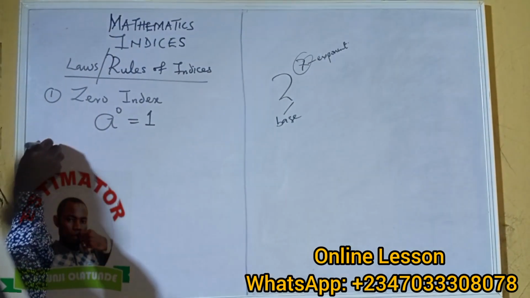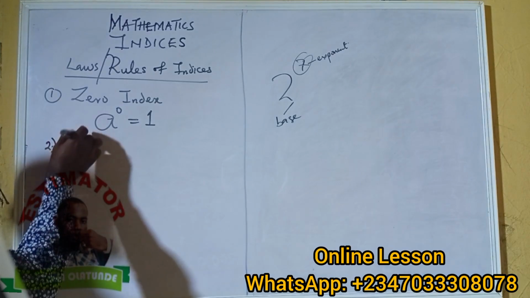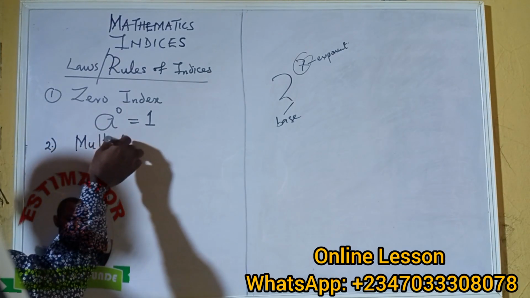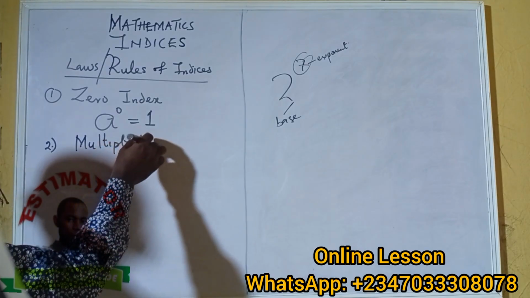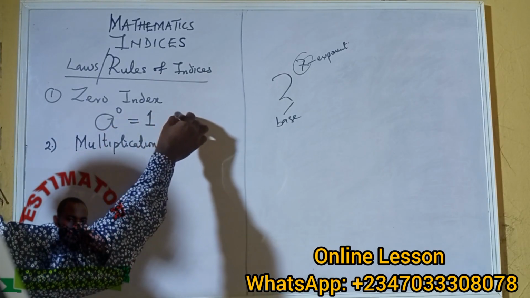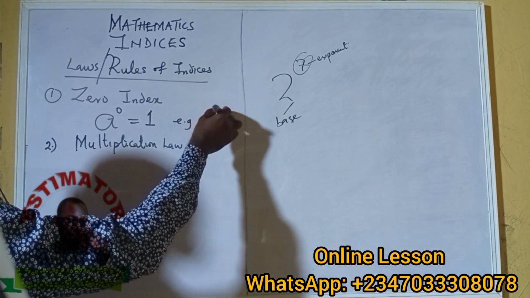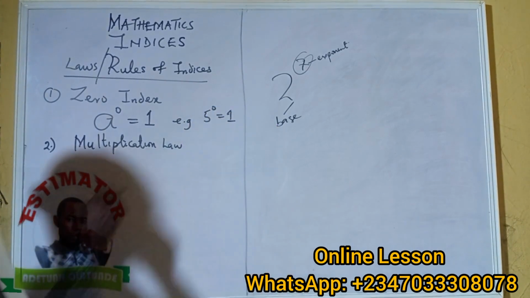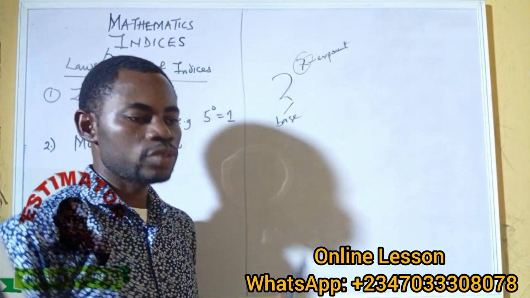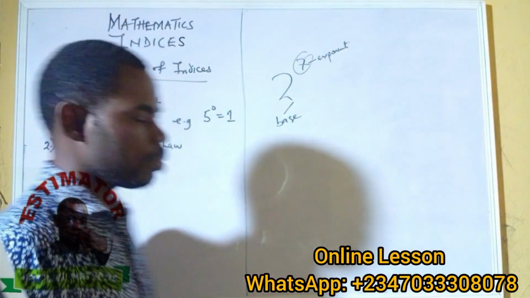Now number 2 I want to pick up, I call it multiplication law. In case you want an example for the previous one, maybe I say 5 raised to power 0, that is 1. Concerning multiplication law, what am I saying?